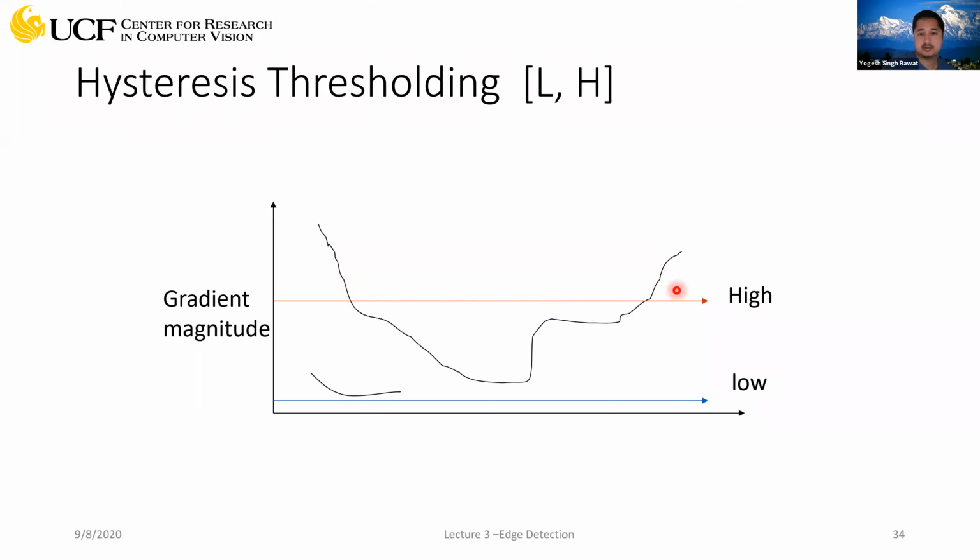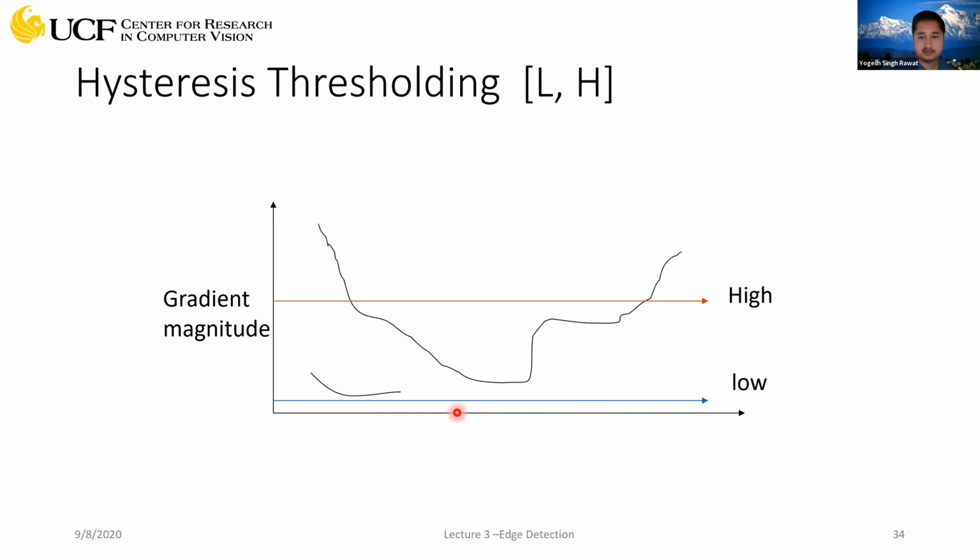So with a single threshold, this would be considered an edge, and this would have been considered an edge, and all of this would have been ignored. But we know that edges are continuous, they don't break in between. So we make use of that property, and we also define a low threshold.